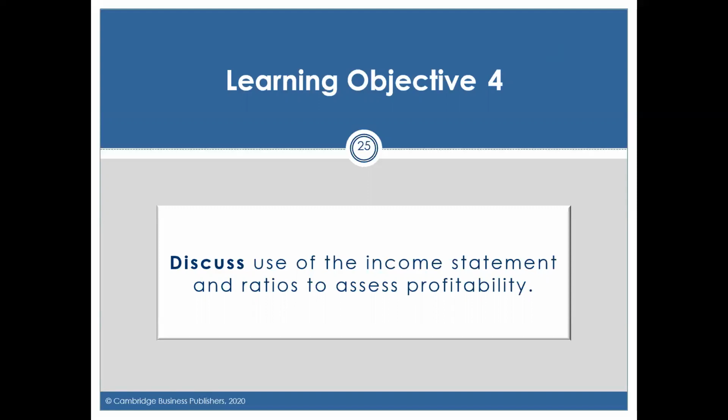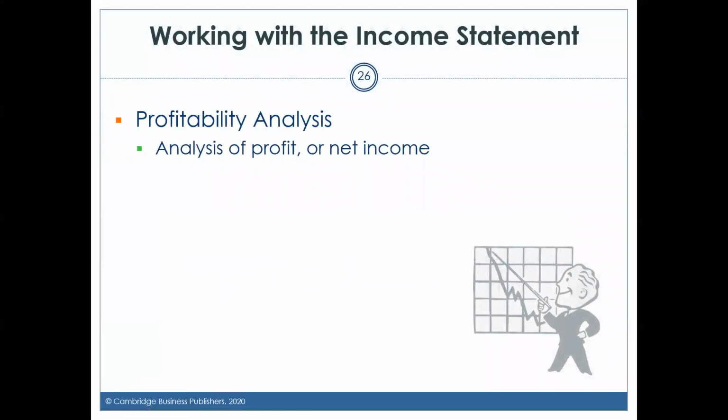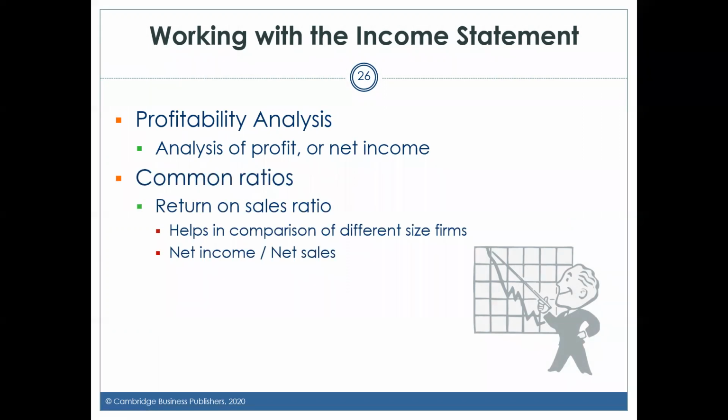Now, a third ratio we will use to analyze a company will assess their profitability, and we get it from the income statement. The ratio is return on sales. It's net income over net sales.